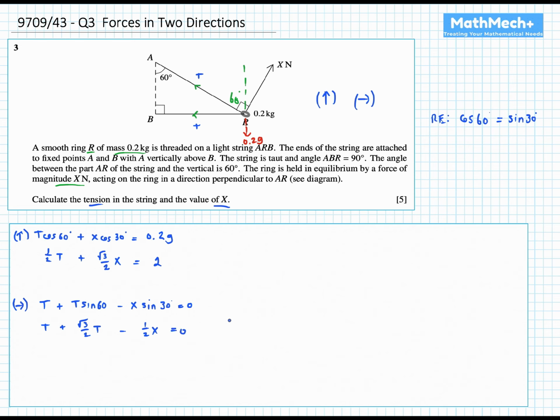We can factor in something there if we'd like. I think with the two T's, I can do a little factoring here. It might help as you go along. So I've circled that there, or ovaled it, we might say. T bracket 1 plus the root 3 over 2. Okay.